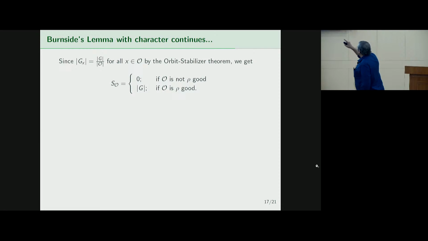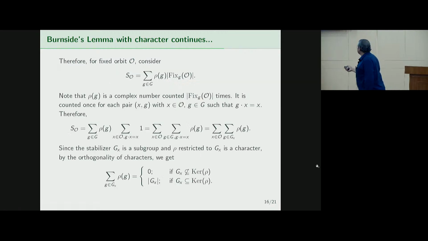Therefore, what we get is a counting function for whether the orbit O is rho good or not. The previous step tells you that Gx is inside the kernel of rho, which means the orbit is going to be rho good.